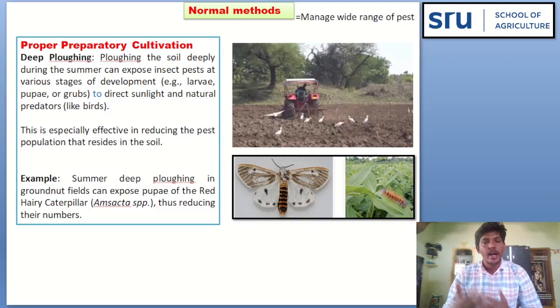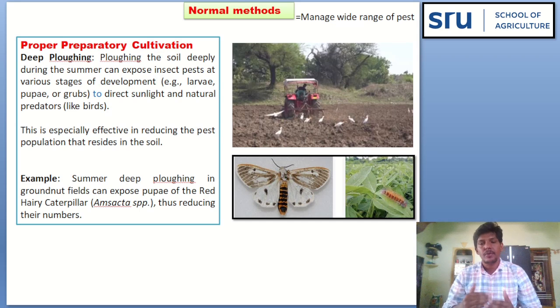Let's see normal methods in detail. I already told you that normal methods manage a wide range of pests without focusing on a specific single pest. So, for example, proper preparatory cultivation, that is deep summer ploughing.